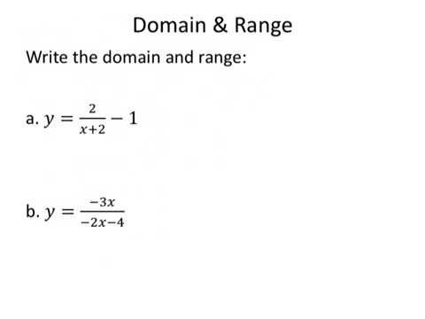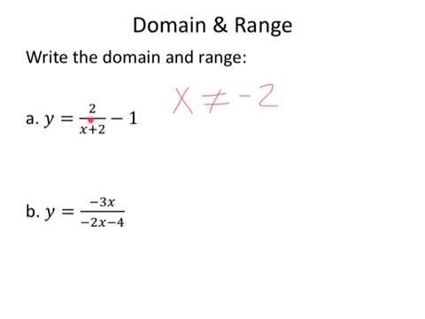Think about the domain and range of these. The domain is going to include everything except the vertical asymptote. The range is going to contain everything except the horizontal asymptote. So we can say that x can't be -2, because that's what you'd get if you solved x plus 2 equals 0.